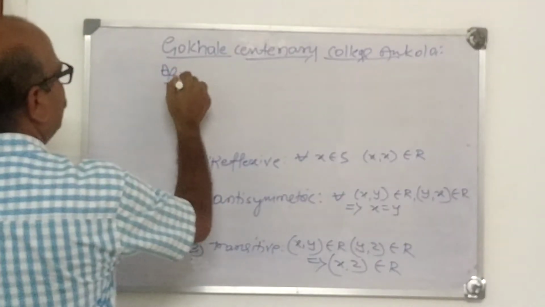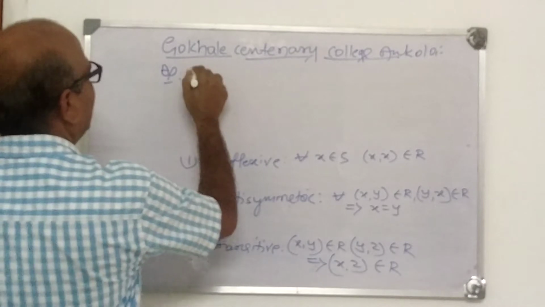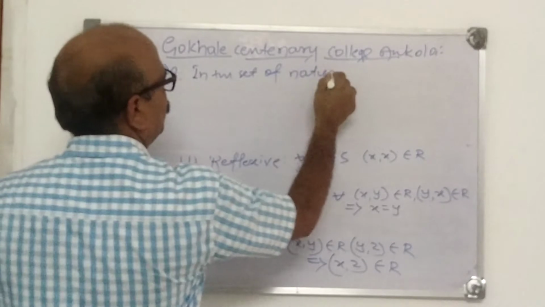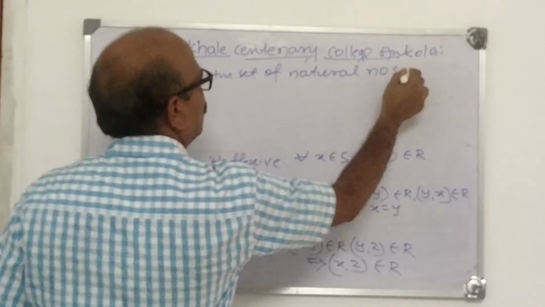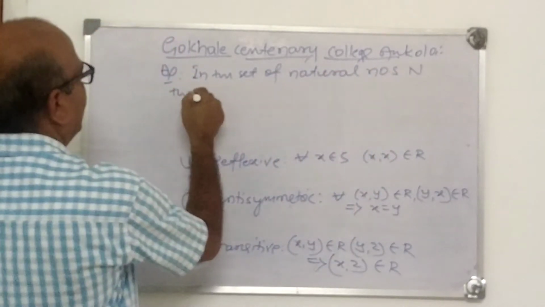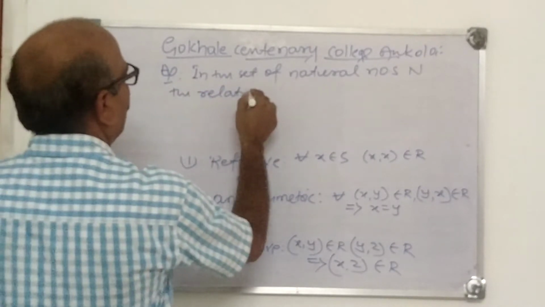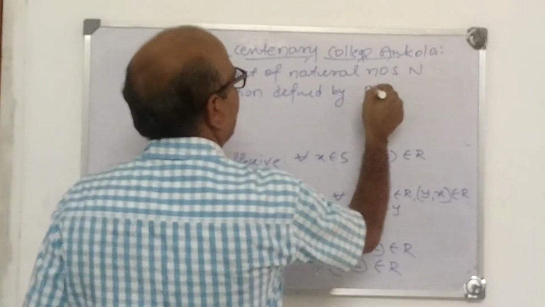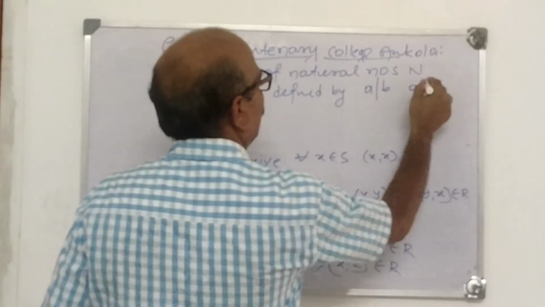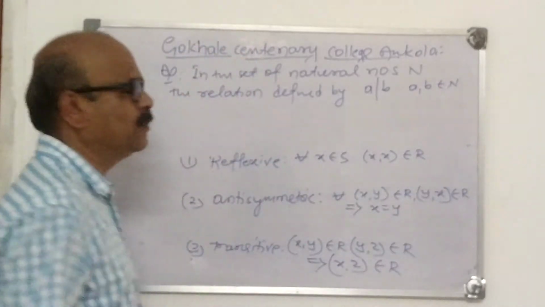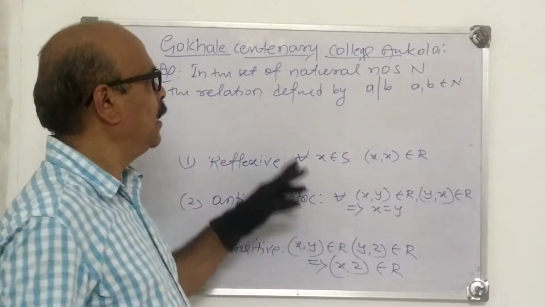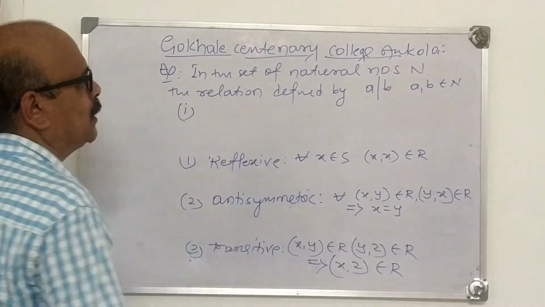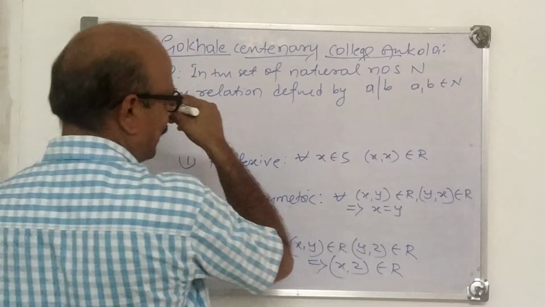An example for this is: in the set of natural numbers N, the relation defined by A divides B is a partial order relation because it is reflexive.